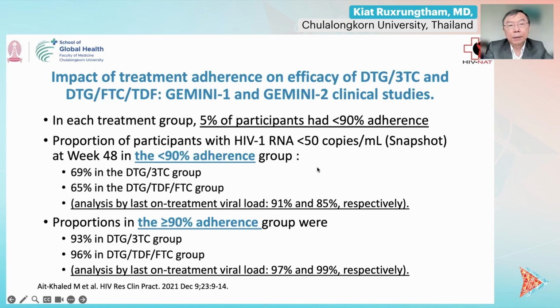In this lower adherence population, the response rate of both arms is less than 70%. However, because this is related to an intermittent adherence problem, when they confirmed adherence and retested, about 90% of people were able to control the virus. In contrast, among those with good adherence, at least 90%, more than 90% of patients had virological control.